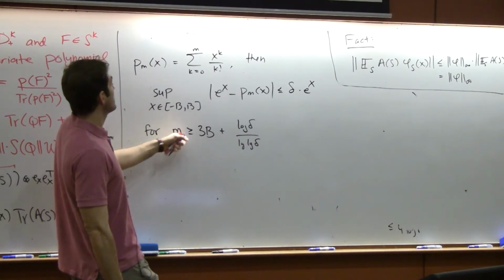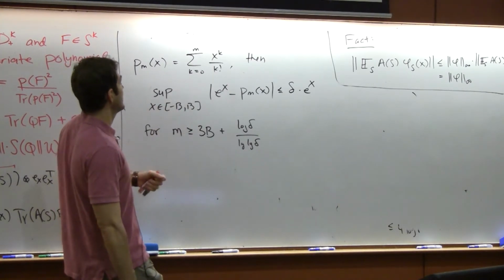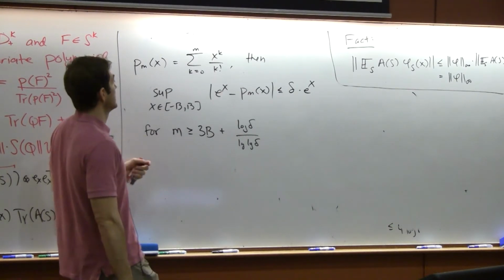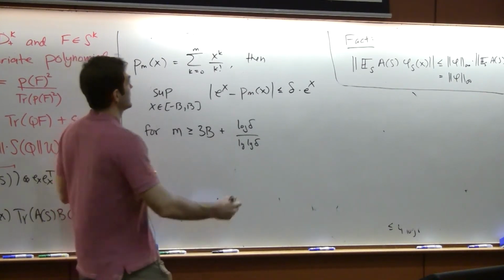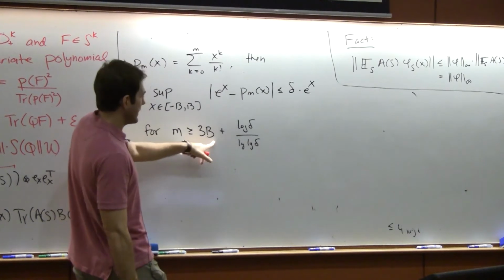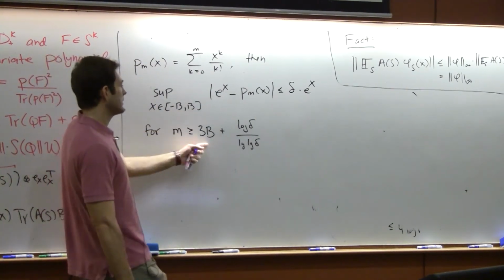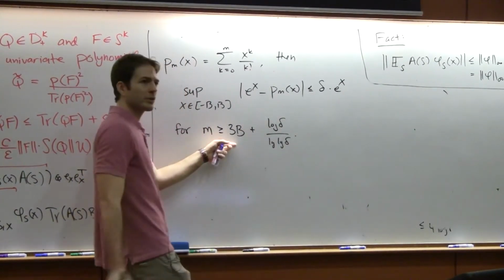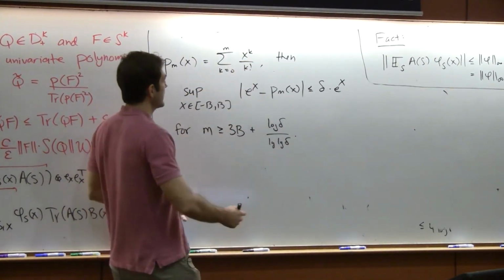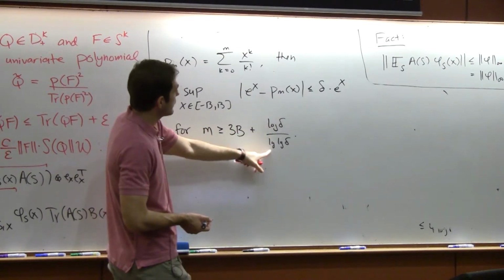Choose m to be like the maximum value of x. I gave you some slack, but basically, if you want this to hold, you should do this. Okay, is this clear? The remainder is like this log delta over log delta.